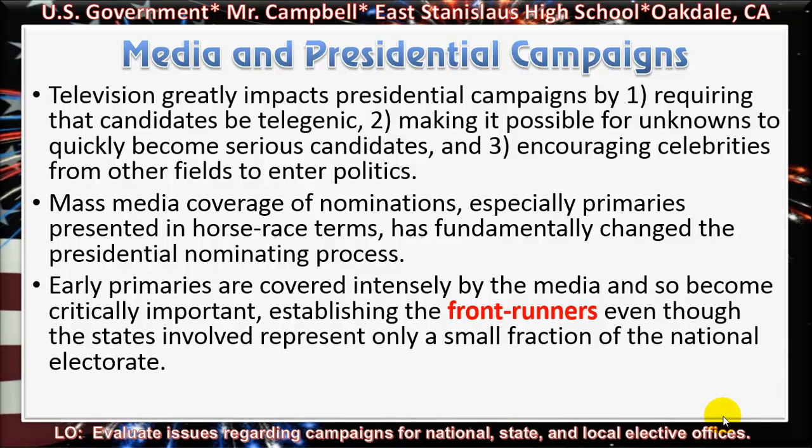And in fact, quite literally, what happens is that when they start these primaries, candidates who don't do well in the early primaries find it harder to raise money and to keep their campaign going. And so, even though it's a relatively small portion of the electorate that's represented by these first few states, it plays a key role in determining what happens from that point on, largely because of the media coverage.